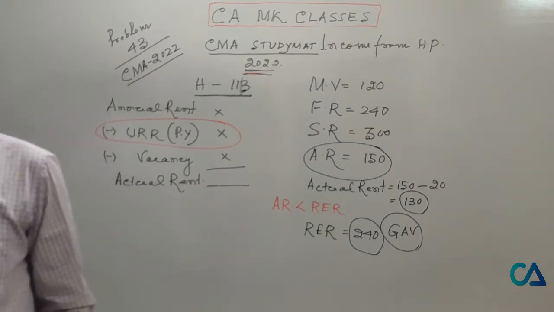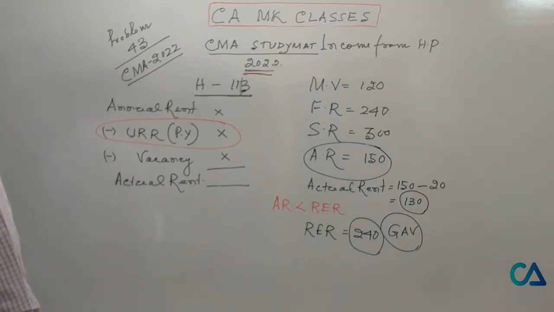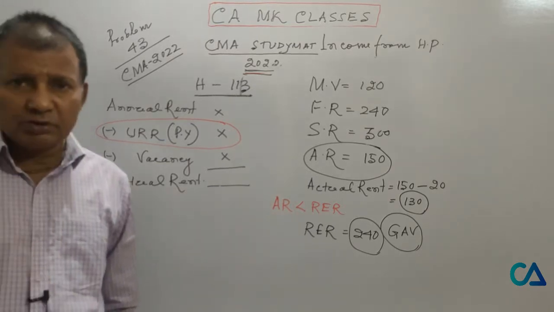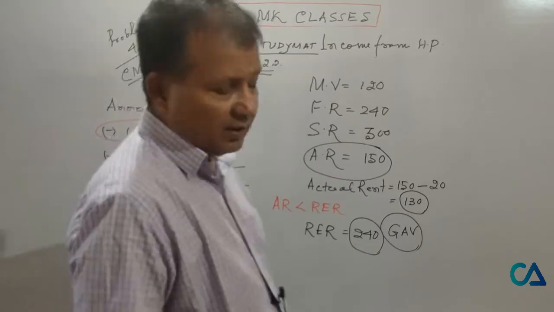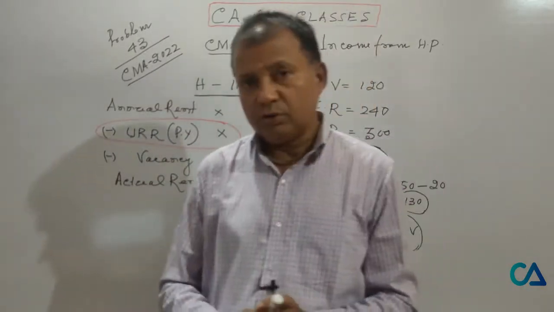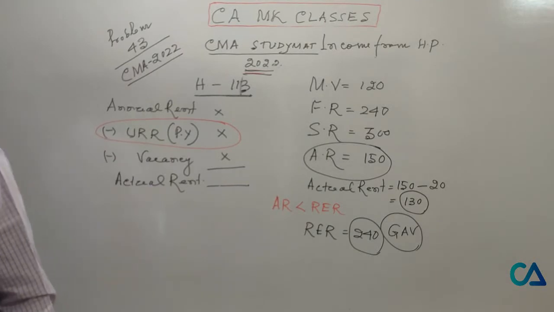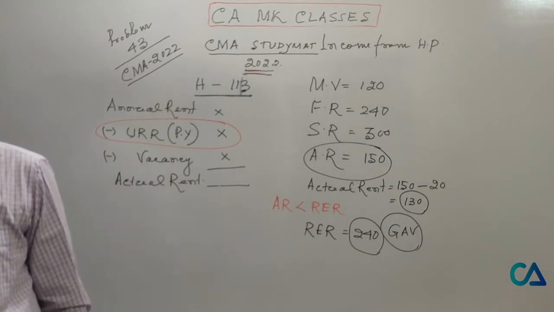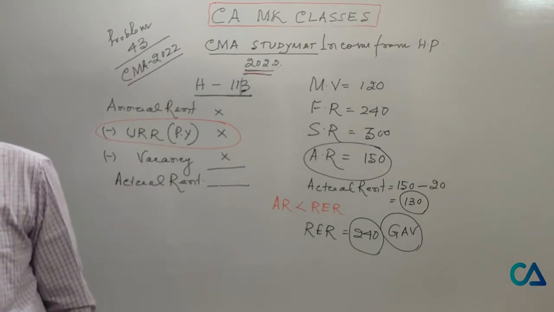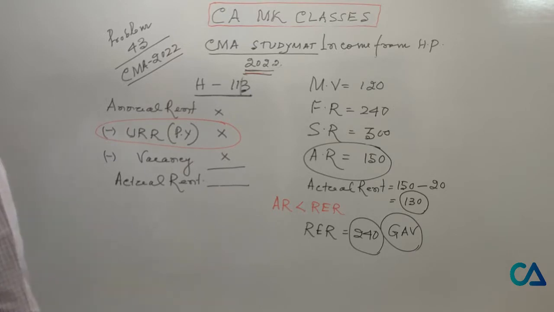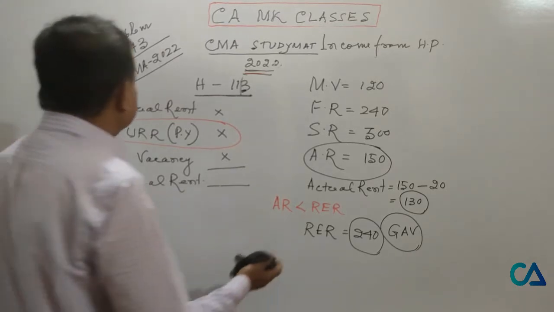So friends, in this problem there are other two properties and things are similar. You can just go through that and solve it. So this is problem 43. Friends, let us come to problem number 44. This is again to find out the gross annual value.